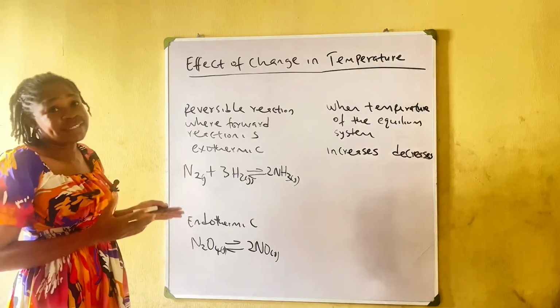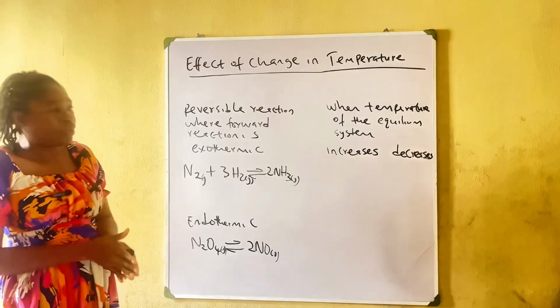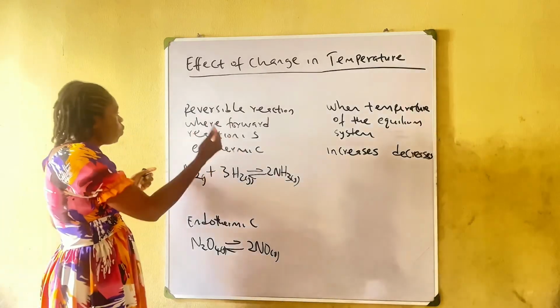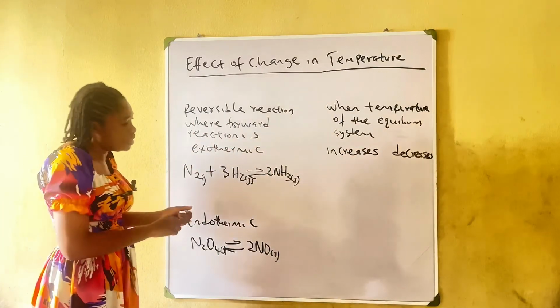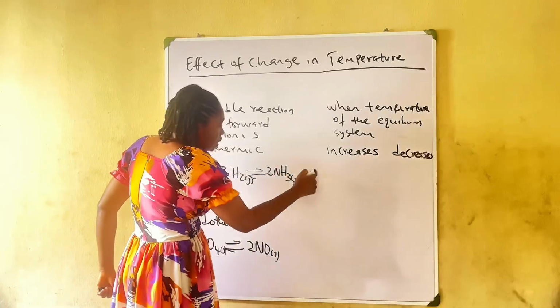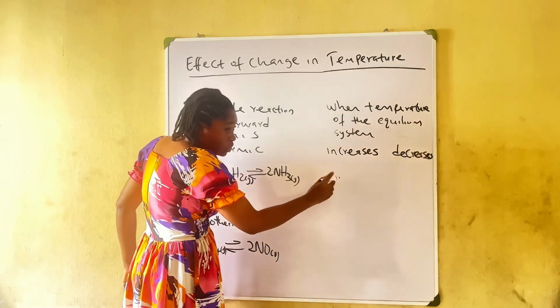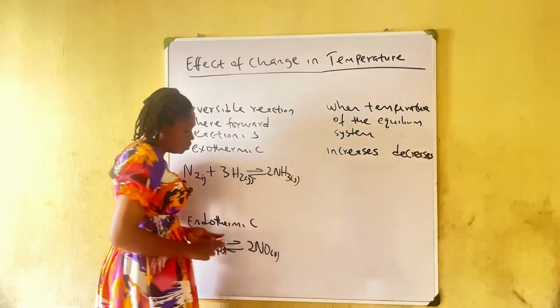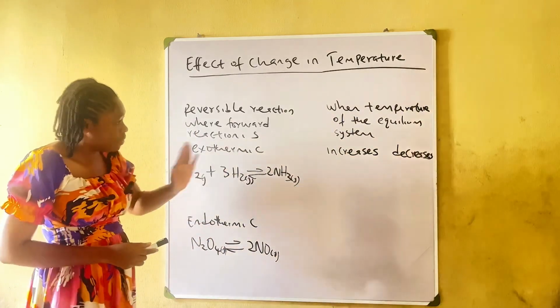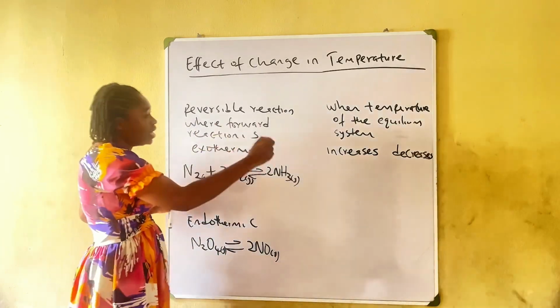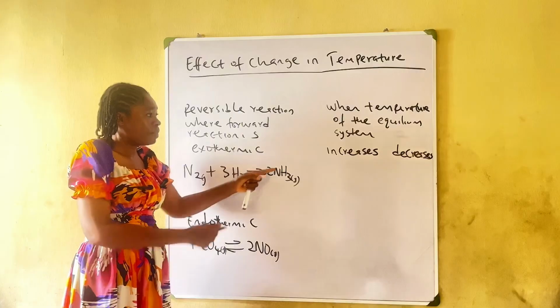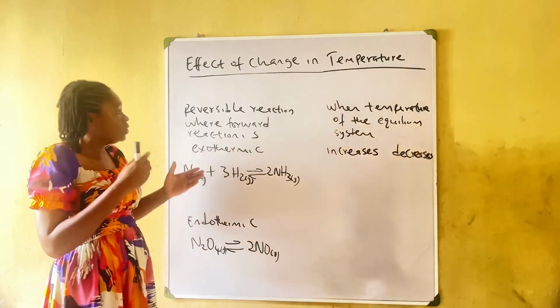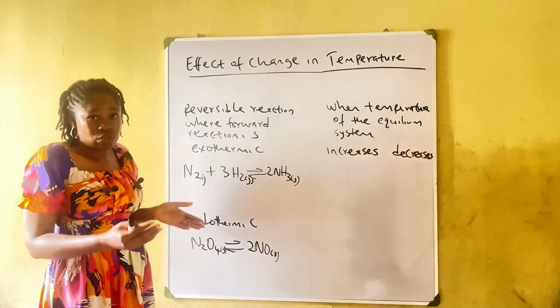Let's summarize the effects of change in temperature. For a reversible reaction where the forward reaction is exothermic, delta H will be minus. That's what it means that the forward reaction is exothermic. If you increase the temperature of this system, what will happen to the equilibrium position?